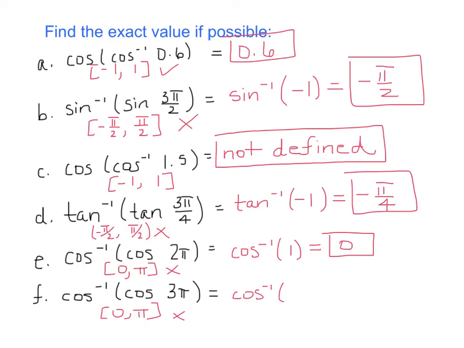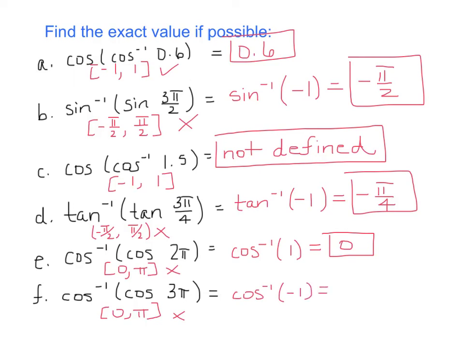Well, cosine of 3 pi would be like doing cosine of pi, then 2 pi, then 3 pi will land right back where pi is, which would be negative 1.